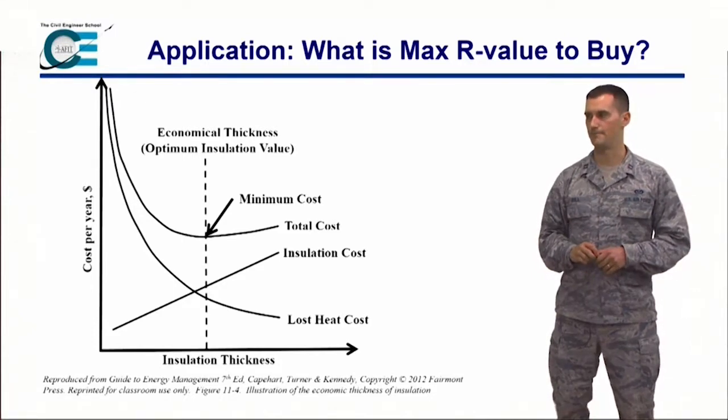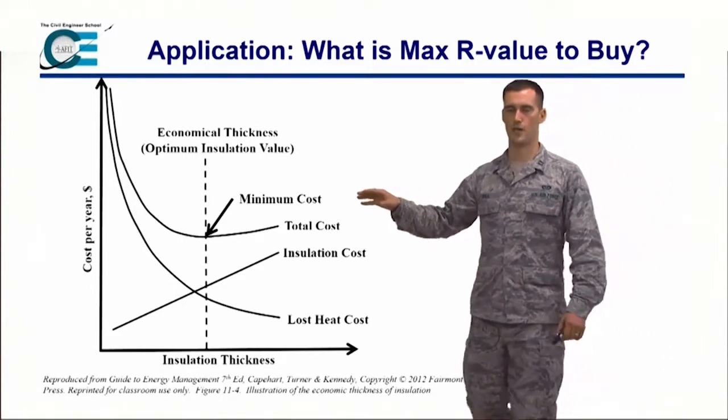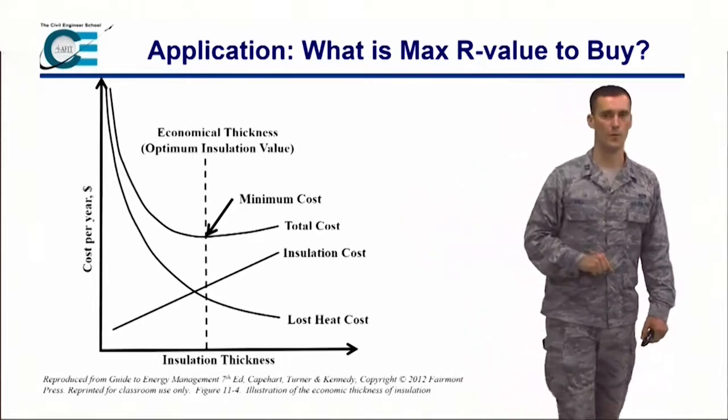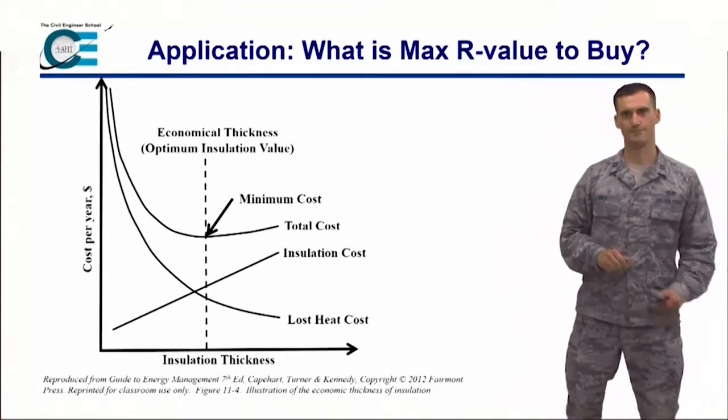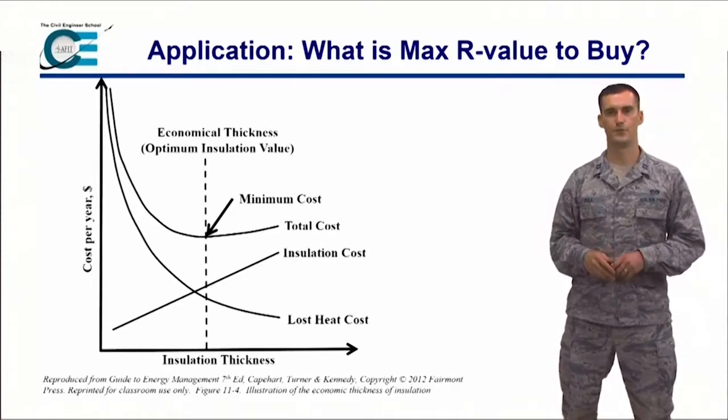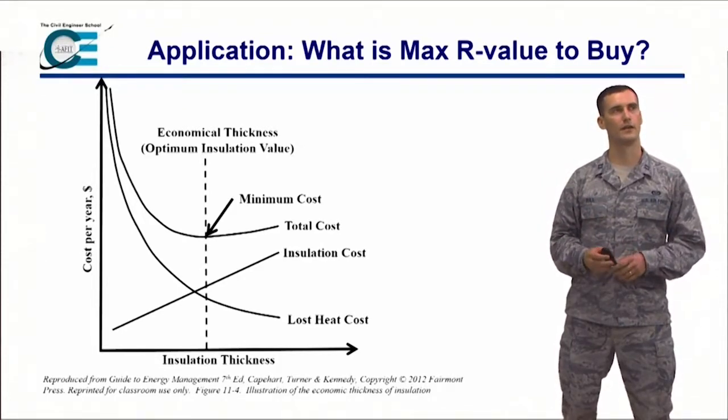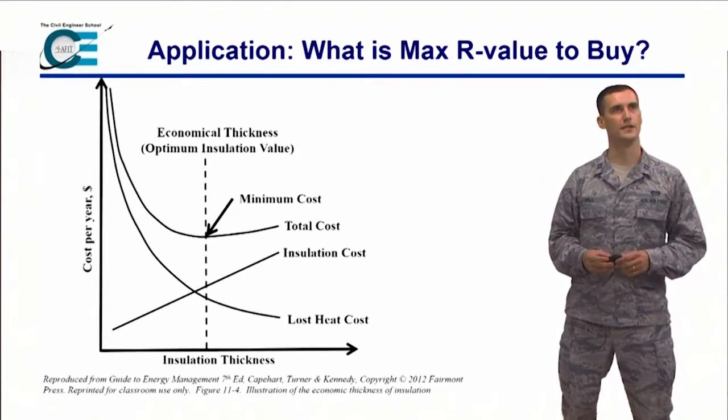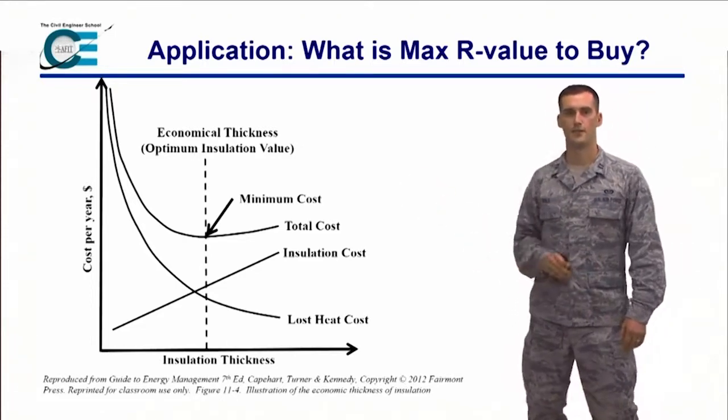So there's a limit to this as well. Don't go buy yourself 2 or 3 feet of it. I don't even know how thick home insulation would be; you have to fit it within your wood studs anyway. But the point is there's a trade-off there.